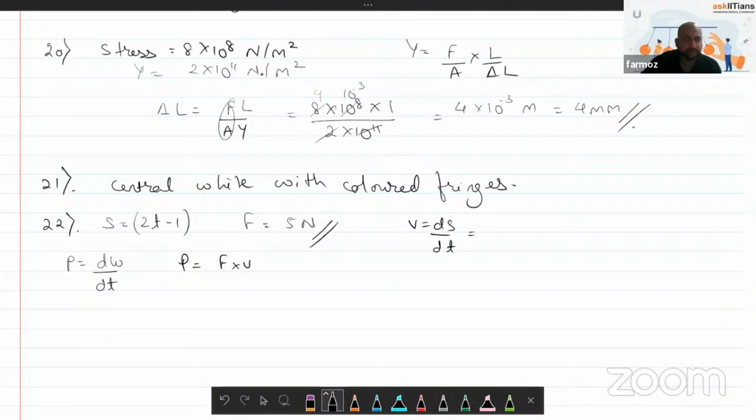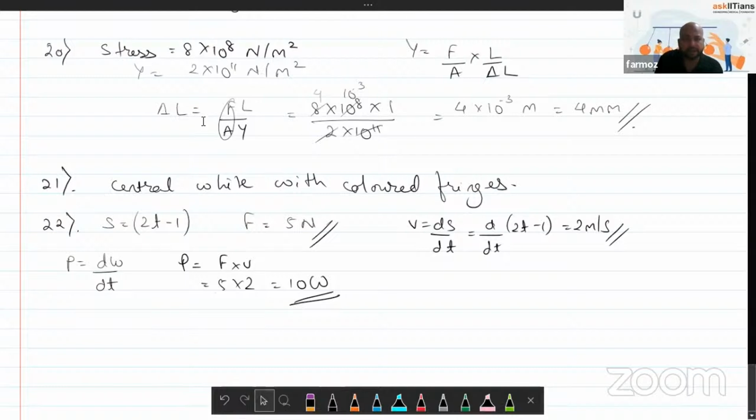Based on that, d by dt of 2t minus 1 is equals to 2 meters per second. So the force is 5, velocity is 2, so your power becomes 10 watts. Clear? So this is your question number 22. Now the next one, that is question number 23.